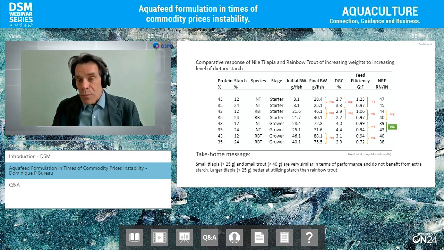It was limiting performance and resulting in very bad FCR. So there's a difference in species, but also a difference in life stage. Tilapia are more forgiving. If they're bigger than 50 or 100 grams, you can have more leeway.